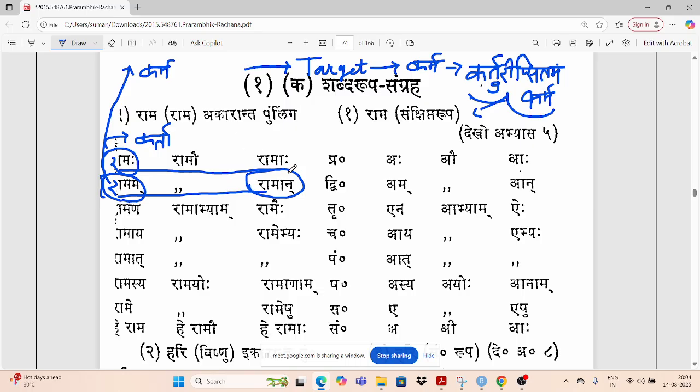So, not Raman anymore. It will be Ramaha. We will say Ramaha Gachanti. I will come to how this Gachanti and everything is coming up.